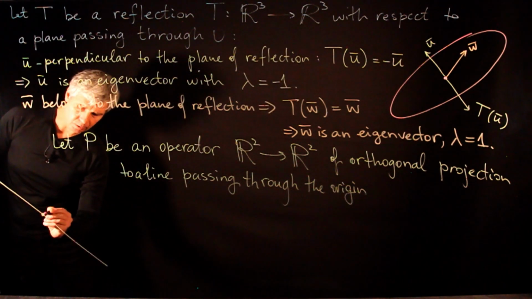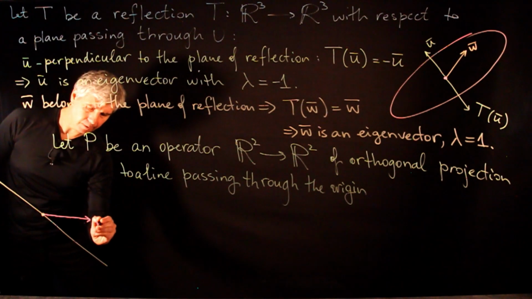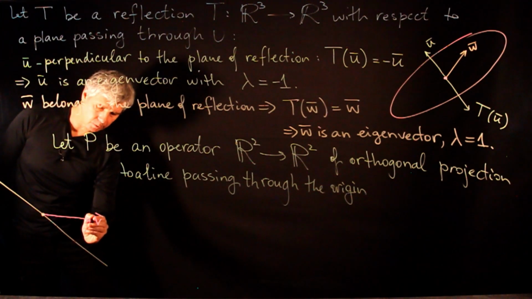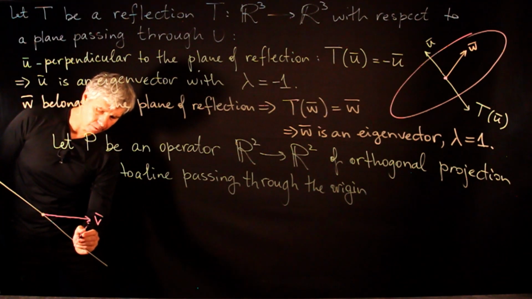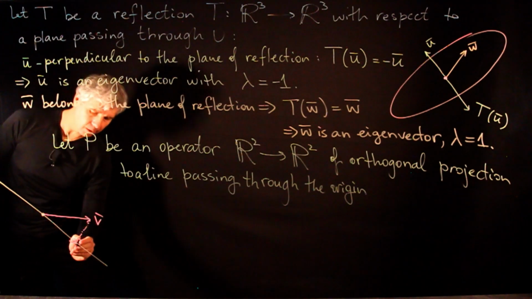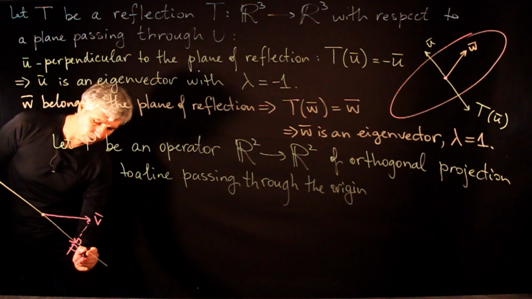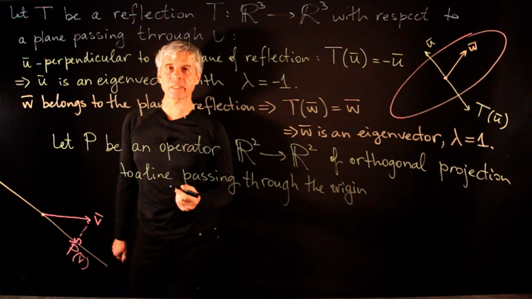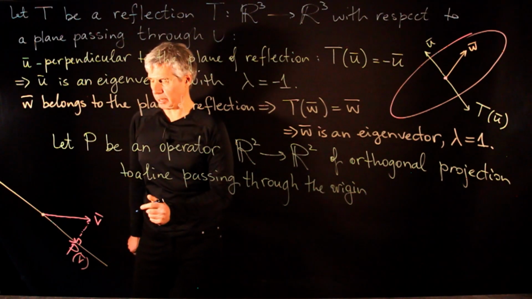The picture is like this. So if we have some vector v, then we drop a perpendicular to the given line from v. And so this vector on the line will be P of v. Let's try to understand the eigenvectors and eigenvalues for this operator.